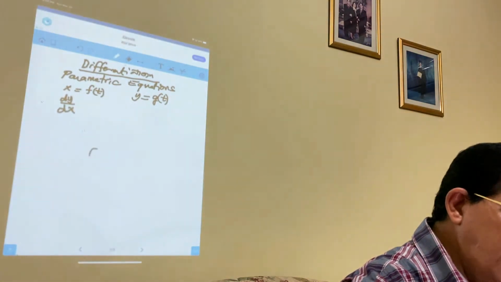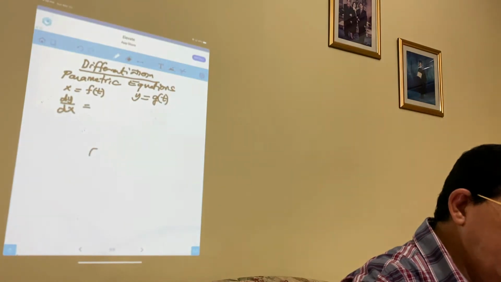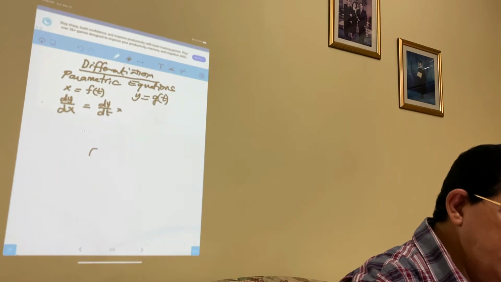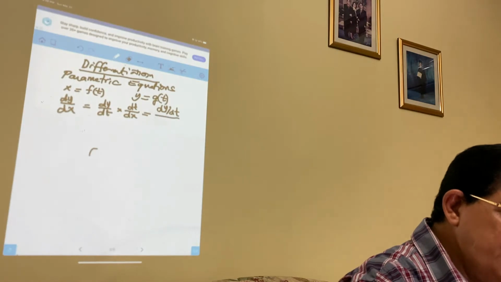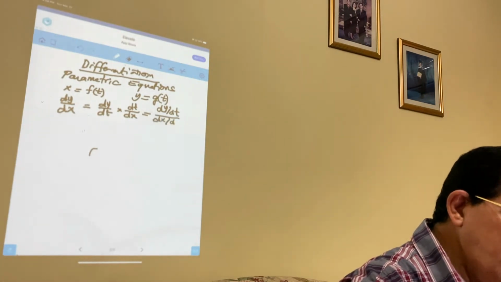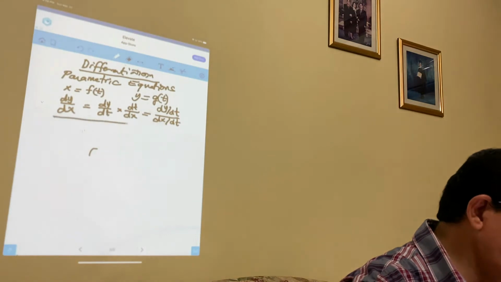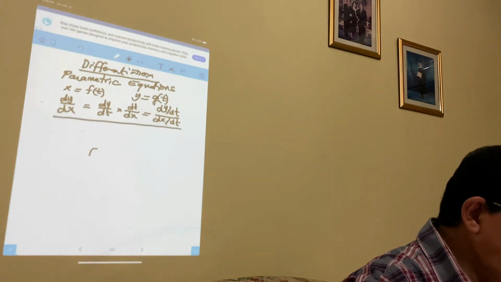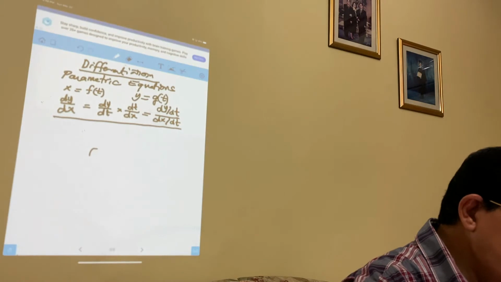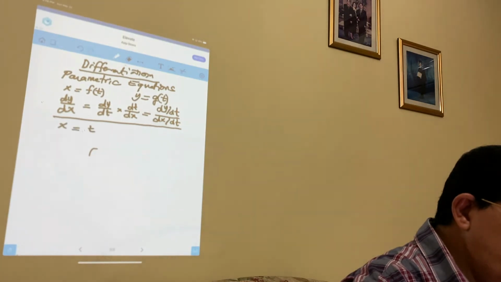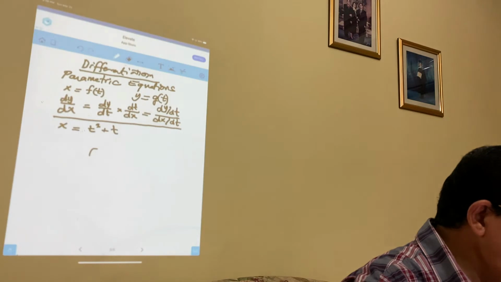We are going to get dy by dx by saying dy by dx equals dy by dt times dt over dx, which means dy by dt over dx by dt. Example. We are given x equals t cubed plus t and y equals t squared plus 1.